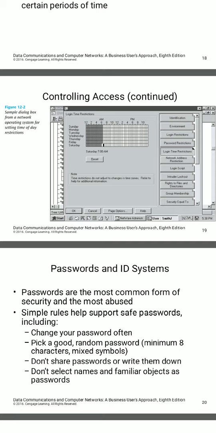And it's the chief information officer who sets the time of day restrictions, up to which time who can have access to the system.